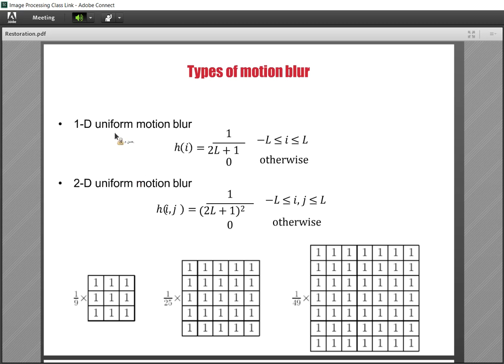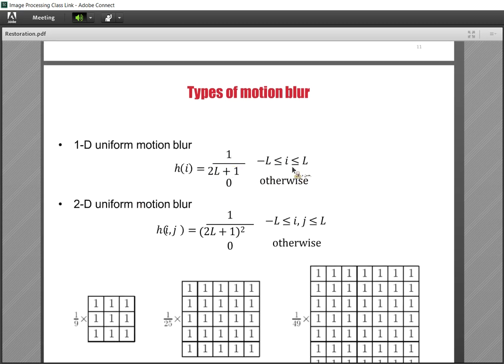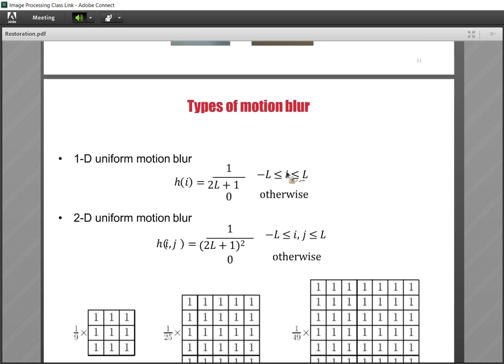One dimension uniform motion blur: H(i) is some constant in some domain, and zero otherwise. For example, for i between -L and L, H is 1/(2L+1).